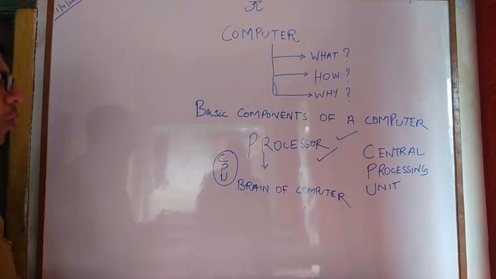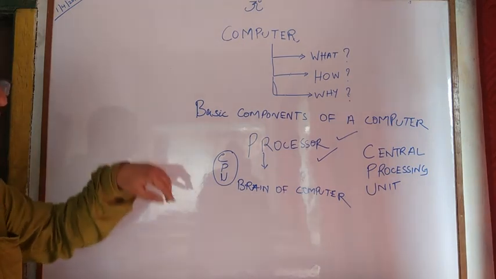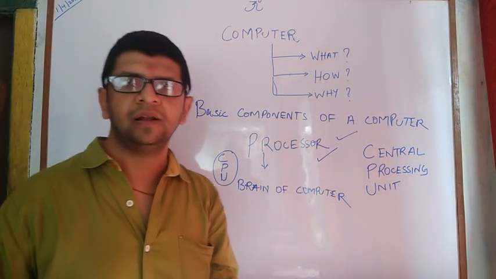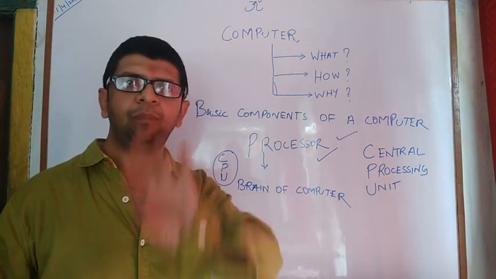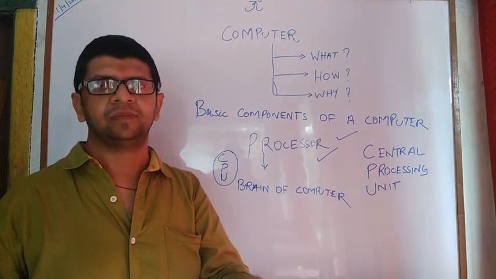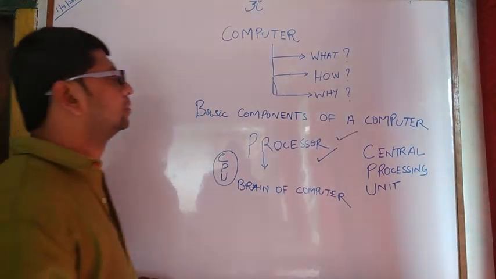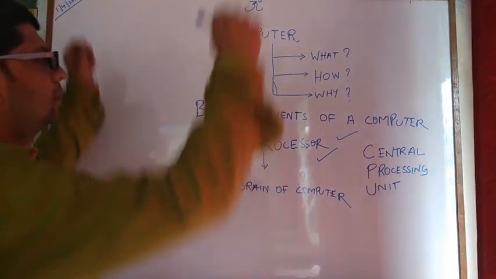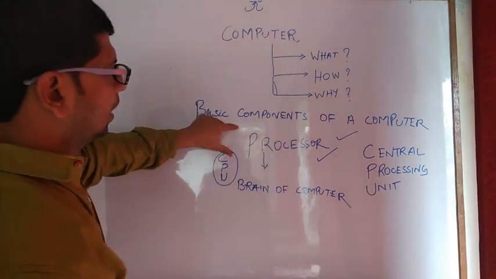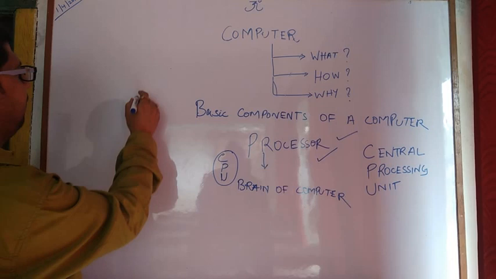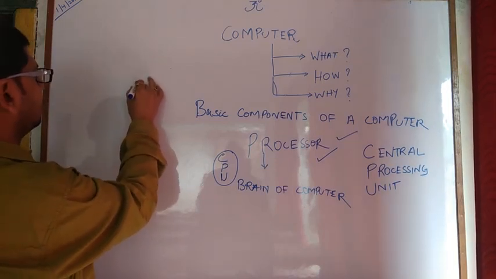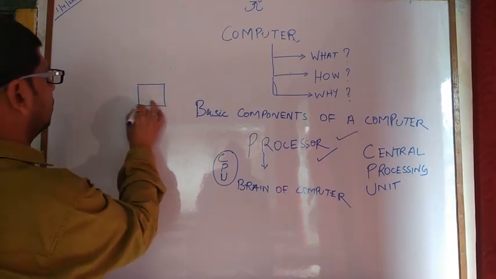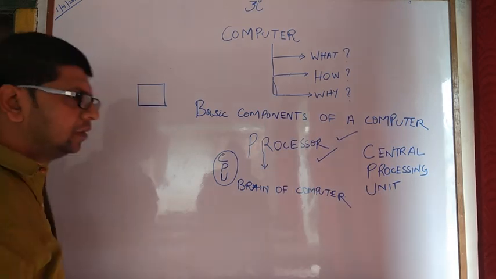So, we see what a processor is, what are the basic functions of a processor, and what are the parts of a processor. The processor is a very small part of the computer.